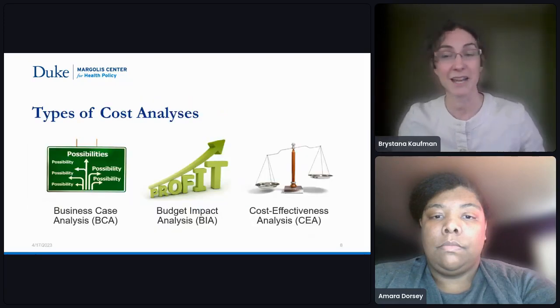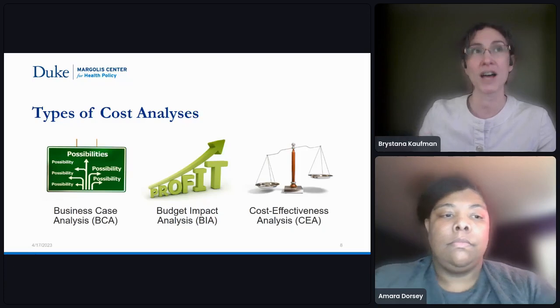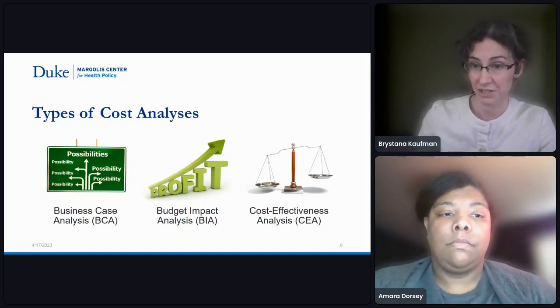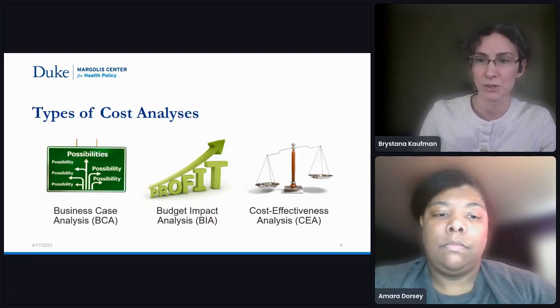So a few different types of cost analyses. One is a business case analysis, where we're looking at the broad context in which the decision is being made, thinking about the mission of an organization and how a particular option might fit in with their long-term goals.